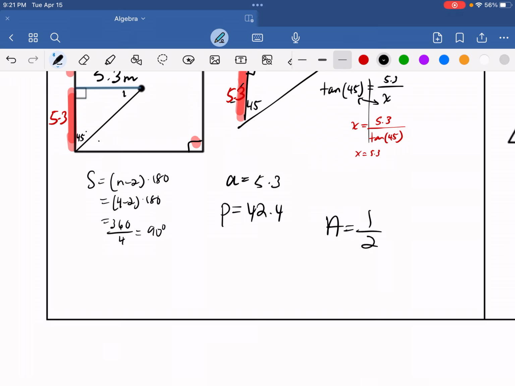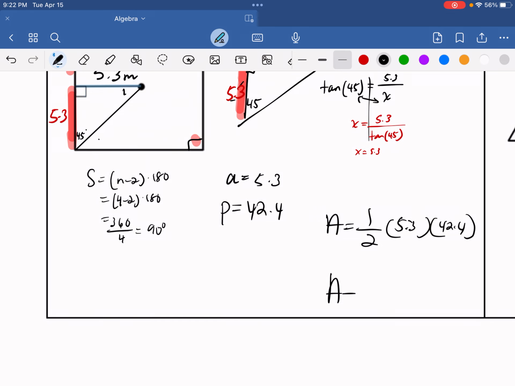Area equals 1/2 A and P, so 5.3 and 42.4. So 1/2 times 5.3 times 42.4. And we get 112.36, which is meters squared.